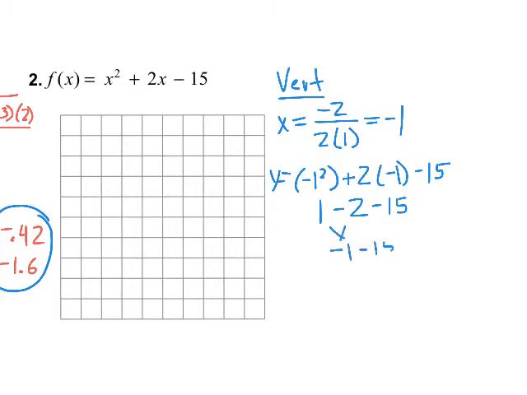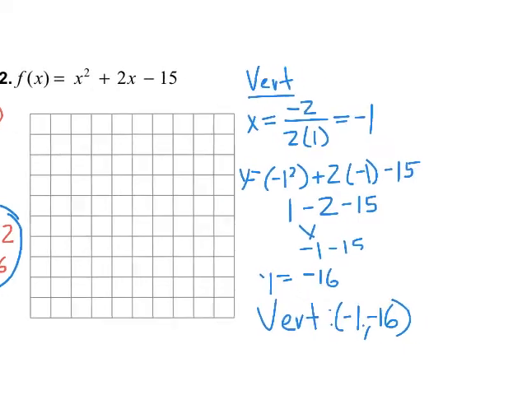Minus 15 more is negative 16. So y equals negative 16. So my vertex is negative 1, negative 16. Okay? So it's probably going to be down off the graph, but that's okay. We'll deal with that in a second.